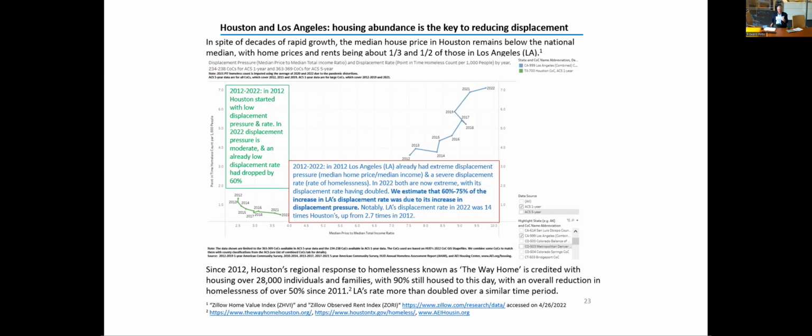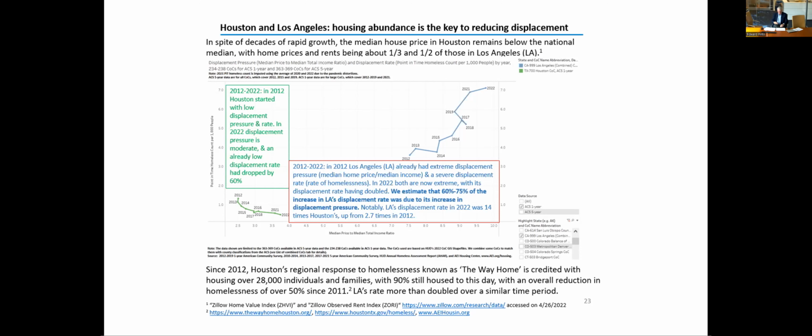LA, contrast that with LA, which started out with very high displacement pressure and high displacement rates, and they just kept going higher and higher and higher. We estimate that 60 to 75% of the increase in LA's displacement rate was due to the increase of its displacement pressure, namely house prices relative to income went up so fast.